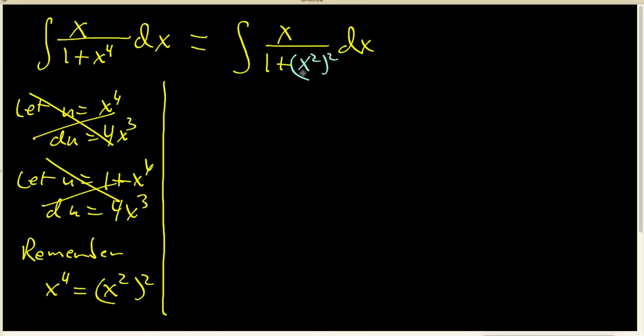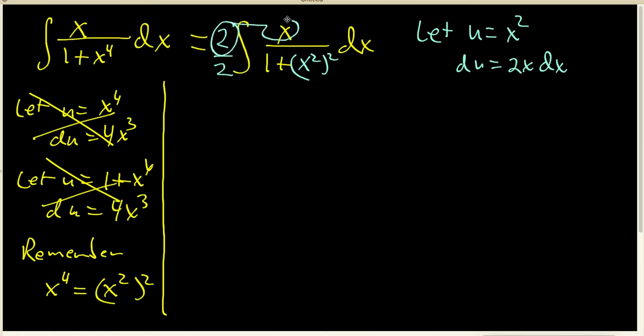The inside function is an x squared. That x is part of that x squared's derivative, and so it is reasonable to try this for my substitution. I am going to let u be x squared. Du is 2x dx. I will need to patch the integral up by multiplying by 2 over 2.